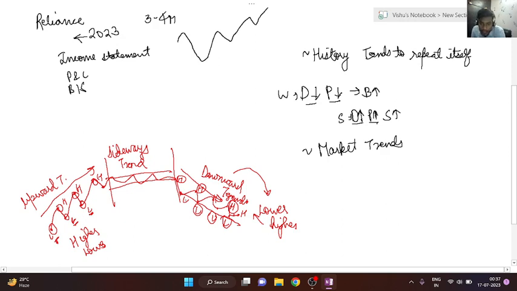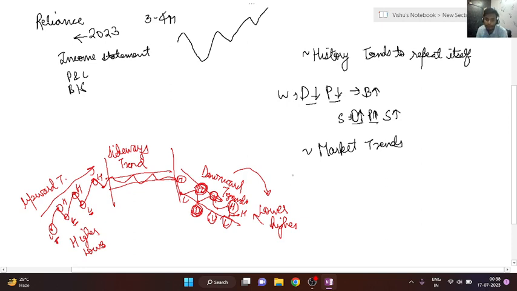This low is lower than this low. Now this is lower than this low. Simultaneously, this high is high, but it is lower than this high, and this high is high, but lower than this high. This is how you determine the market trends.